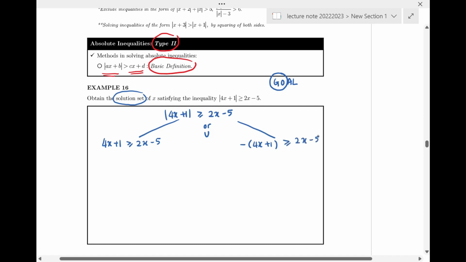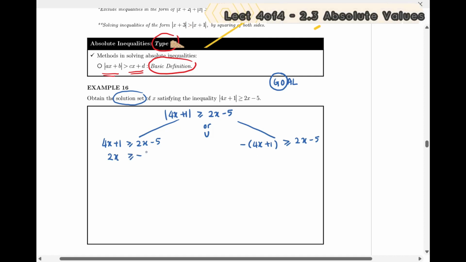So we solve the left inequality first. Gather all of the x together, so we have 2x greater than or equal to minus 6. So x is greater than or equal to minus 3.